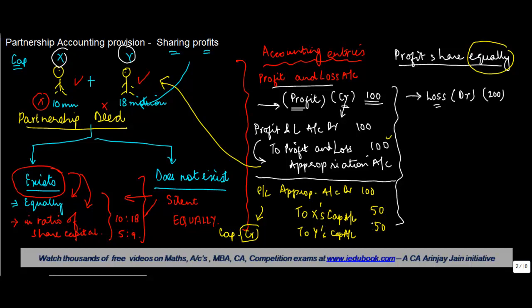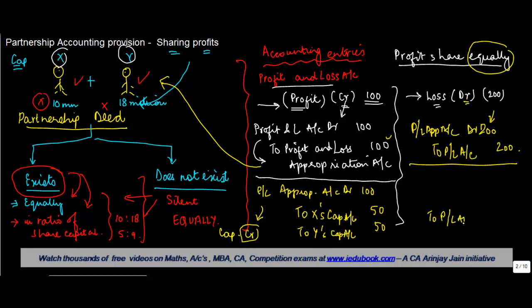Now if there's a loss, the entries are reversed because the loss has a debit balance. So you credit the profit and loss account and debit the profit and loss appropriation account 200, right? Now the profit and loss appropriation account is a debit account, so as you have to transfer this to the partners' capital accounts, what will you do? You will credit the profit and loss appropriation account 200.